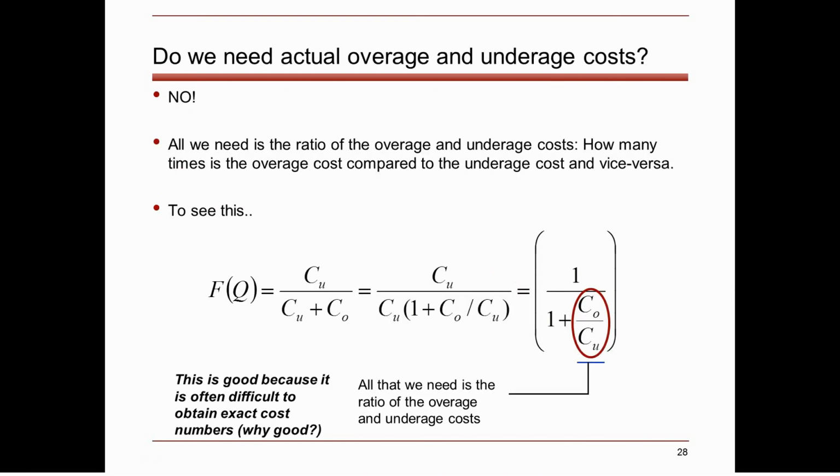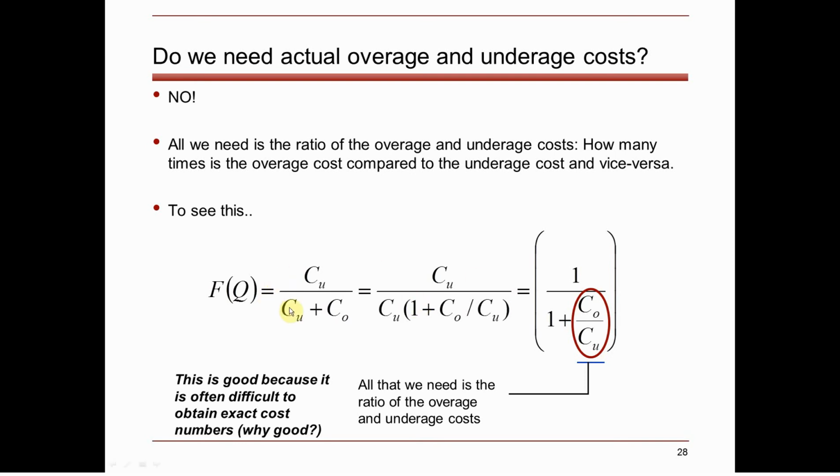Now, as I pointed out, we don't really need the actual overage and underage costs for many situations. Sometimes it's difficult to get the per unit underage and the per unit overage costs. It's not easy to get that data, or it's complicated. But really all we need to know is the ratio of the underage to overage, which sometimes is a lot easier.